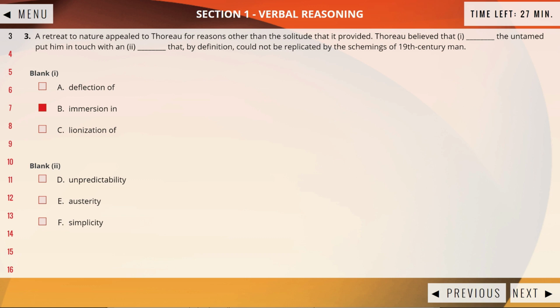I would normally say simplicity, but it says could not be replicated. Simplicity is kind of the opposite of schemings as well. An immersion in the untamed, not lionization, with, by definition could not be replicated by the schemings. Austerity would fit with the untamed. Put him in touch with an unpredictability.